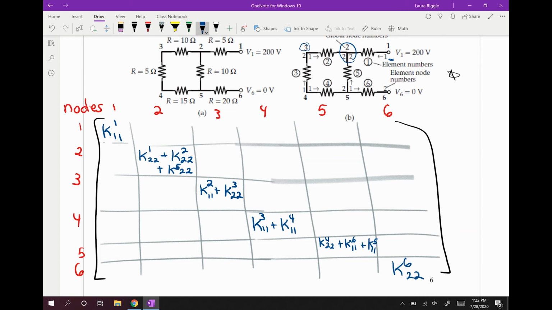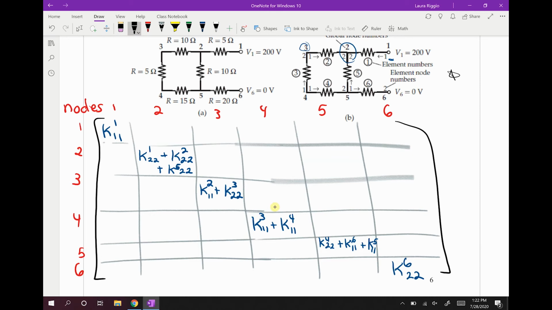Yes, if you had completely numbered your picture differently, you're going to get a completely different looking coefficient matrix. So for the off diagonals, we're really looking at what connects point 1 to point 2.